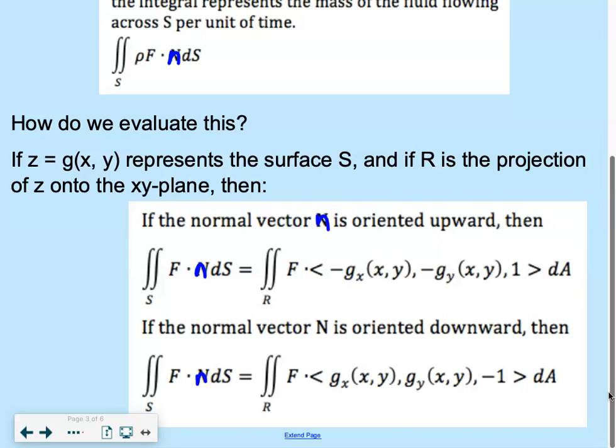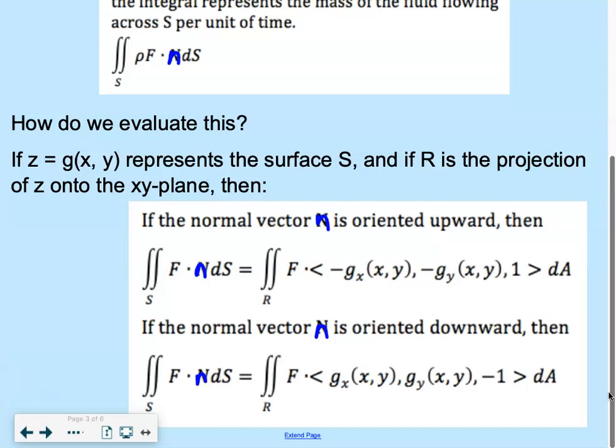Except you make the partial x negative and the partial y negative, and your z component is just a positive 1. And if the vector is oriented down, then it's positive partial x, positive partial y, negative 1.